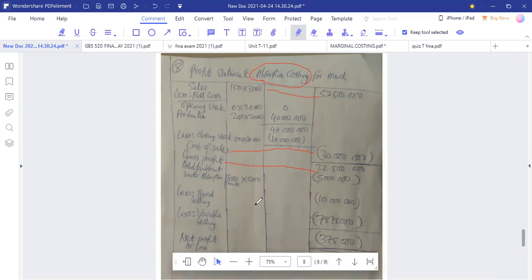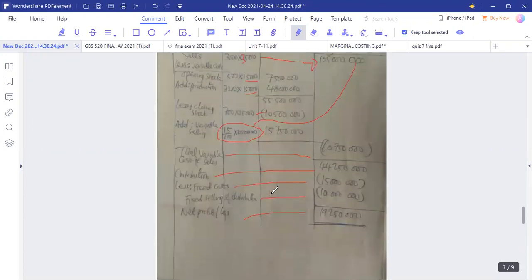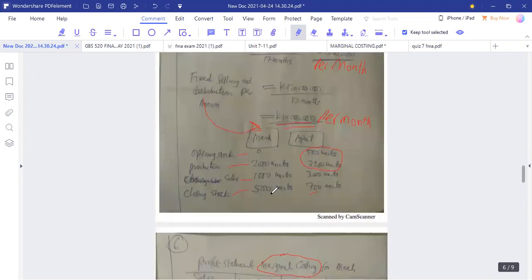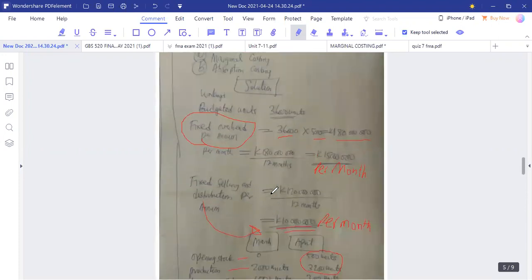So under absorption, let's go for the budgeted units. Budgeted units were 36,000 units. This is per year.